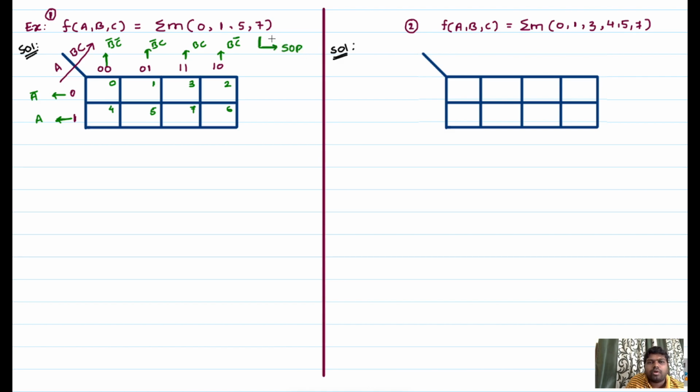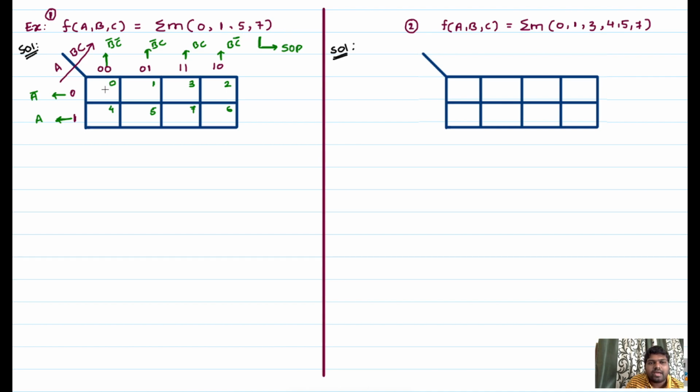So in sum of product, each and every enabled possibility will be assigned 1. In case of product of sum, we assign 0, right? Here the enabled inputs, otherwise enabled possibilities, are 0, 1, 5, 7. These 0, 1, 5, 7 can be assigned 1 because of sum of product.